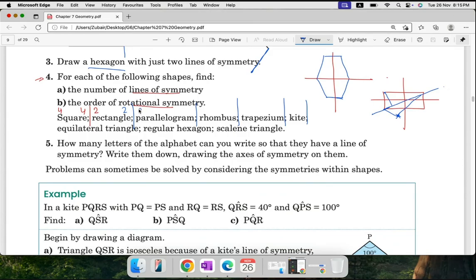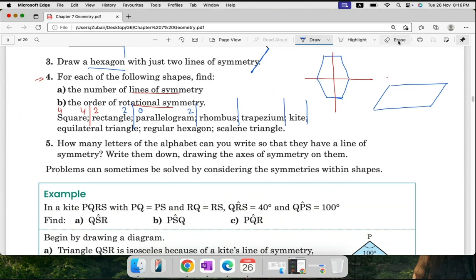Parallelogram line of symmetry are 0 and order of rotation is 2. Let me draw a parallelogram. See, there's no line of symmetry, but the order of rotation is 2.